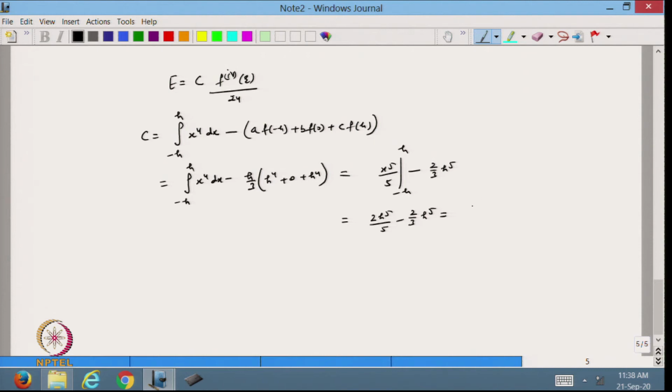So, I can take 2 h5 common, 1 by 5 minus 1 by 3, the LCM will be 15.